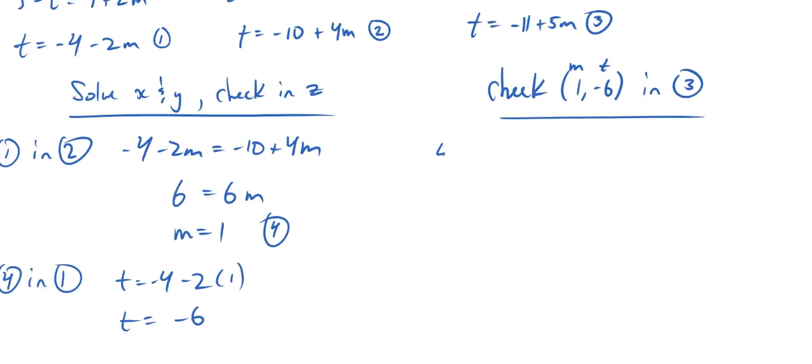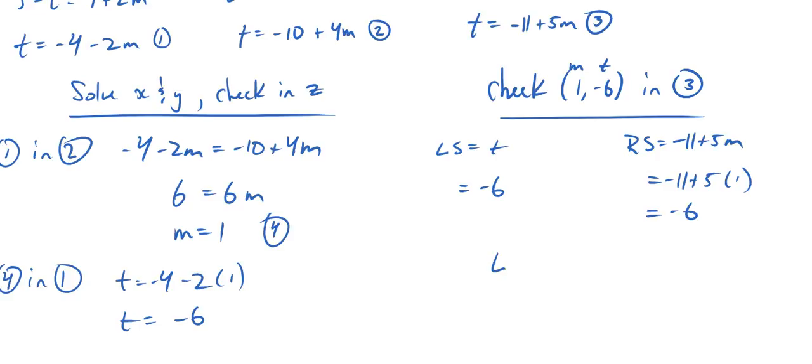And when we do a check, we do left side, right side. So left side equals t. Right side equals -11 plus 5m. t is -6. -11 plus 5 times 1, which is -6. Left side equals right side.